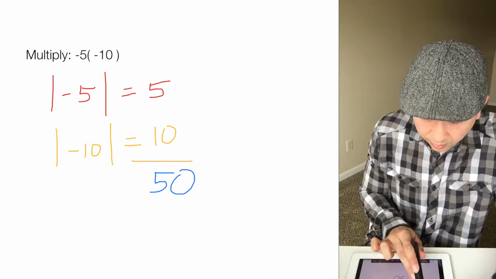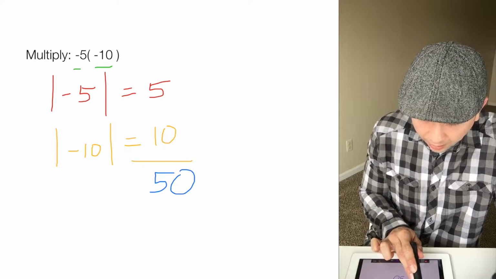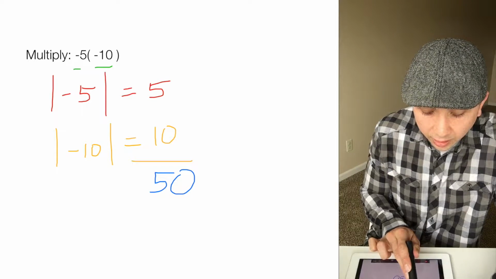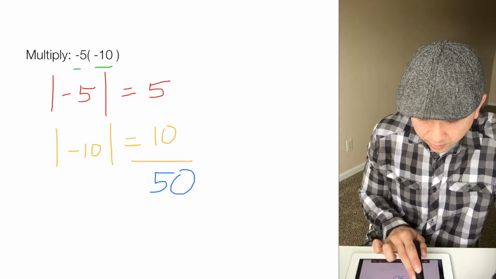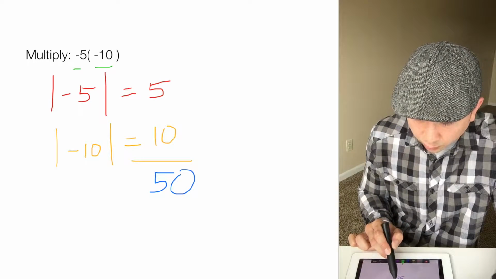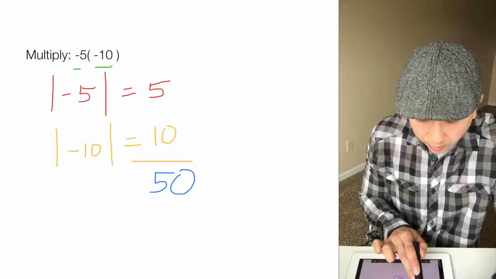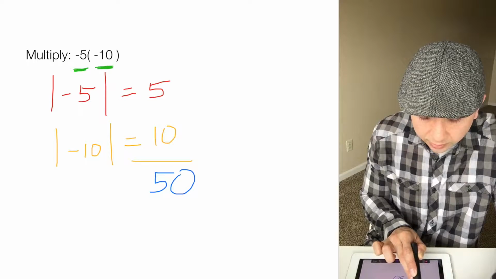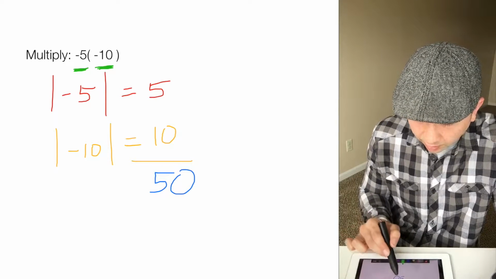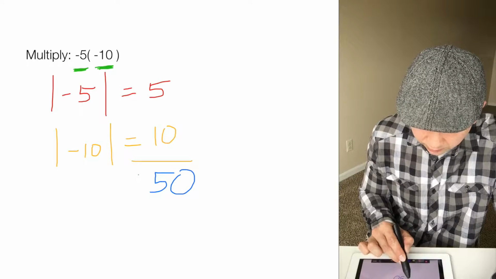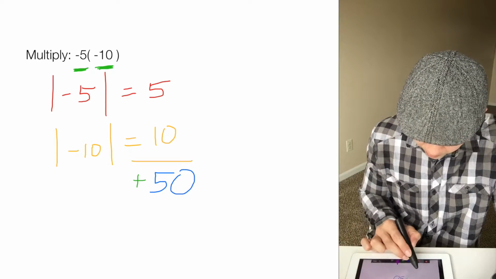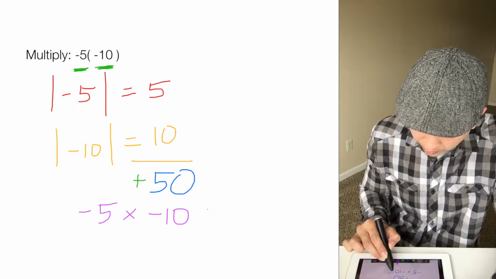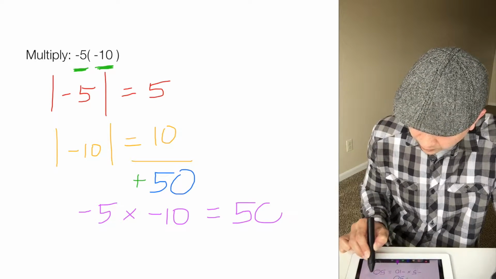Now because the two numbers have the same sign, our product is going to be positive. So when we multiply -5 times -10, our answer is positive 50.